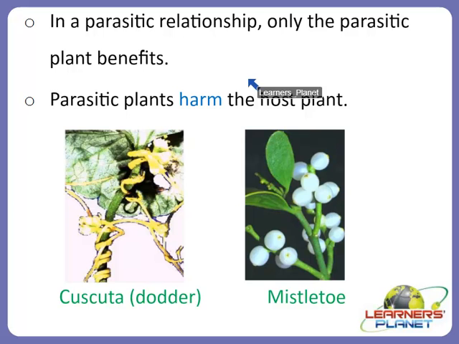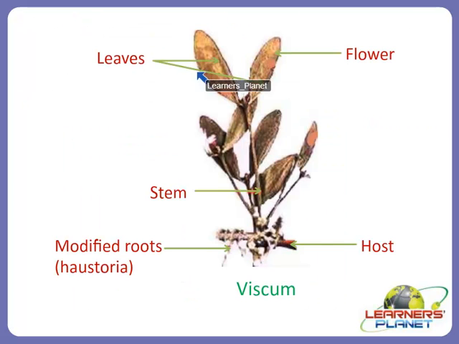Scientists believe that parasitic plants rarely or perhaps never kill the host plant so that the parasite can continue to live off the host. Otherwise, they will not be able to get the food. So it does not kill the host plant totally, but it harms the host plant.